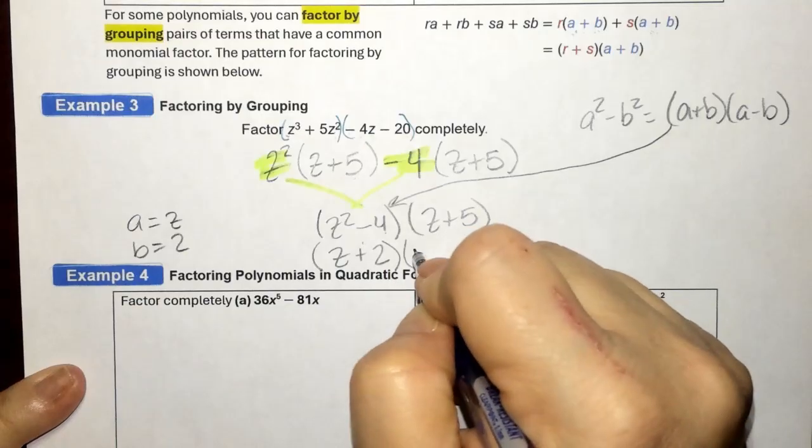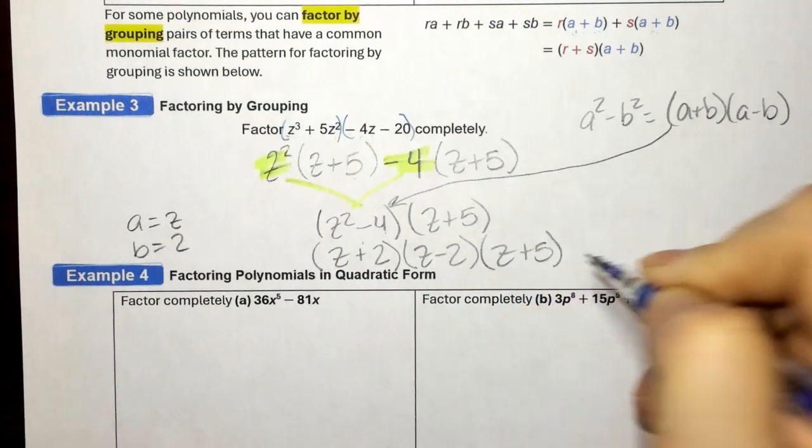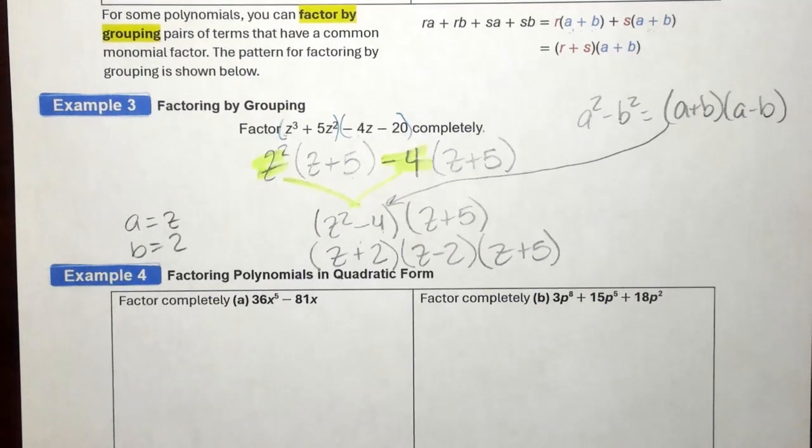And then we're going to have z minus 2, and then z plus 5. So you could not factor anymore. This would be as much as you could factor it using grouping. All right, so remember, you always got to ask yourself too, am I done? Can I factor some more?